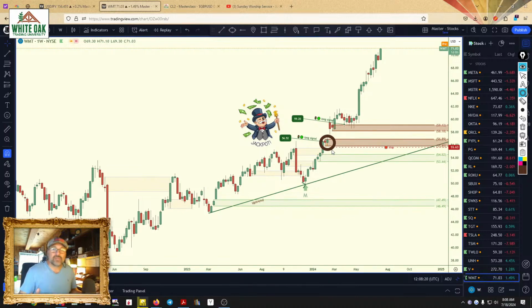So any long trades would have been based on this area on the chart holding, okay? We actually had a long signal before that at 56.52 based on this zone here of buying holding, all right? So we had a signal at 56.52, and look where price is right now, $71.